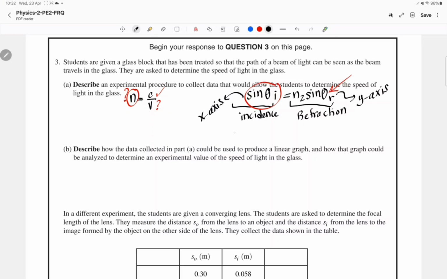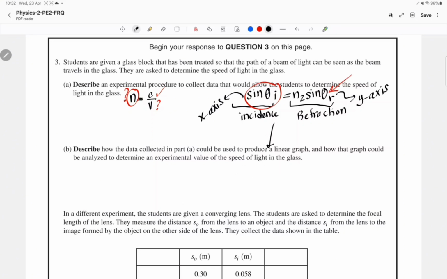Okay, so now it's like saying y is equal to mx, where the y is the sine of theta r, where the x is the sine of theta I, where the slope is the index of refraction. Actually, wait, sorry. No, I made a mistake. Okay, 1 second.